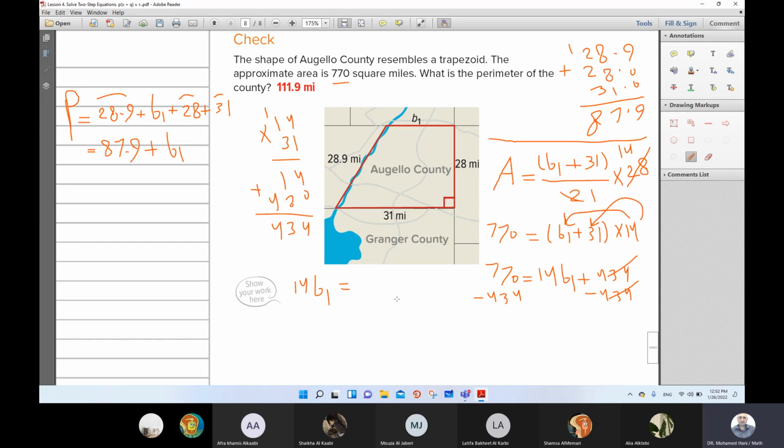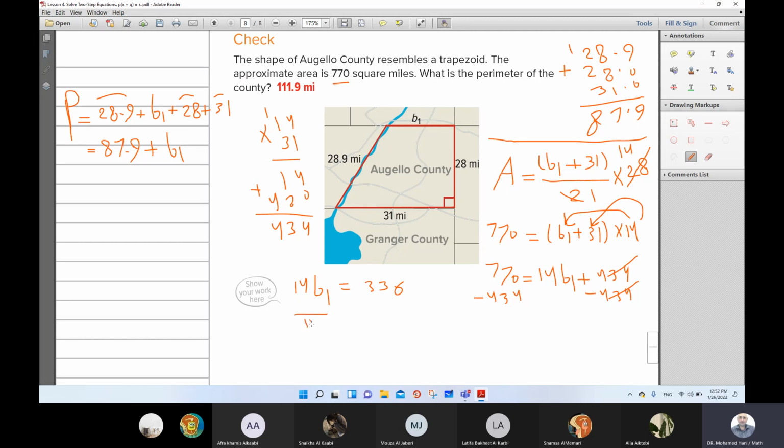You will get here 770 minus 434 will be 336.